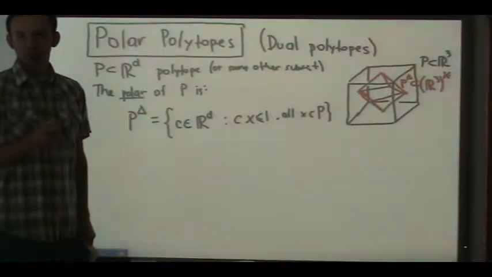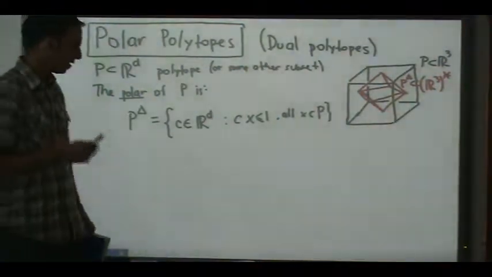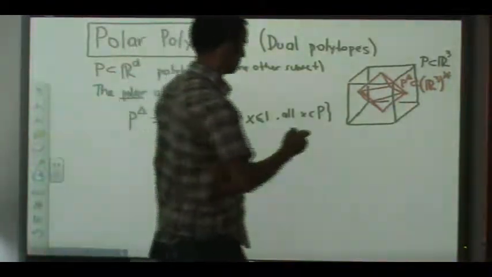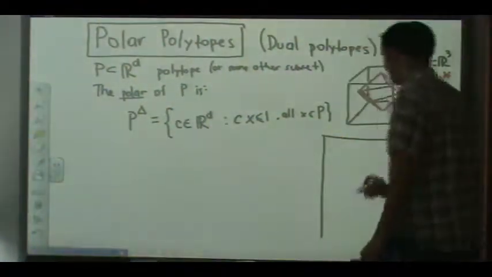Now, do you know what the dual space of a vector space is? Maybe some of you, maybe not all of you. So we will do a little parenthesis here.